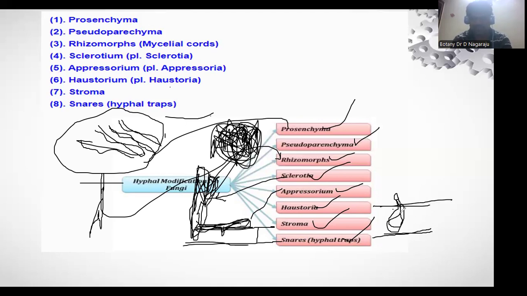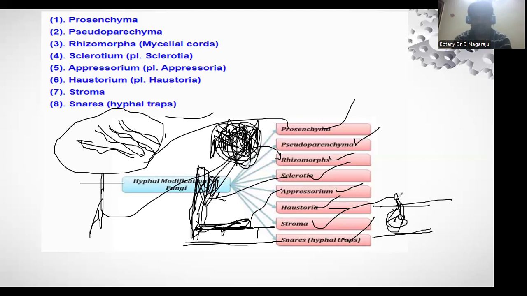The hyphae which penetrate into the host tissue, that we call haustoria. By penetrating into the host, it absorbs nutrition from the host, to anchor and to absorb. These projections which penetrate into the host are called haustoria. There are five types of haustorium which we discussed yesterday.